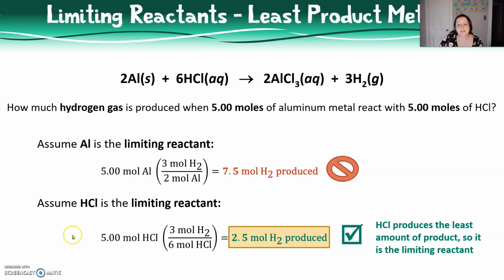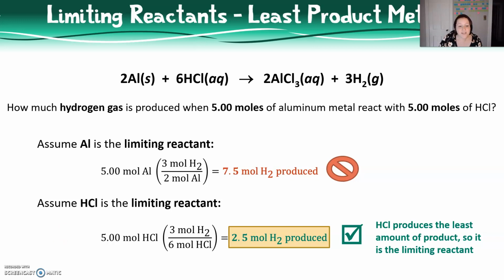However, note that the least product method shown here does not give any information about the amount of excess reactant that is used in this reaction, and therefore we cannot use the values we calculated to quickly determine how much excess reactant is left over. So this is where the least reactant method that I showed before would be preferred, as we were able to calculate how much excess reactant was left over when using the least reactant method.